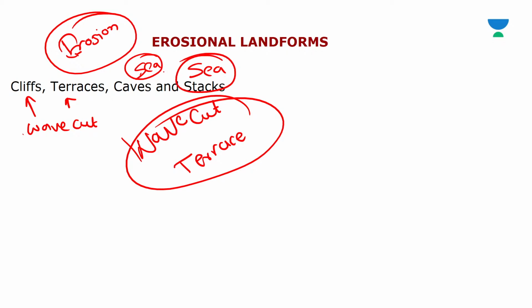Now, like all other features, sea stacks are also temporary, and eventually coastal hills and cliffs will disappear because of wave erosion, giving rise to narrow coastal plains.